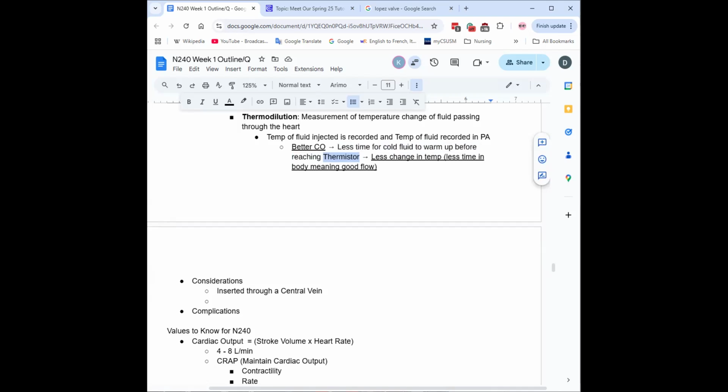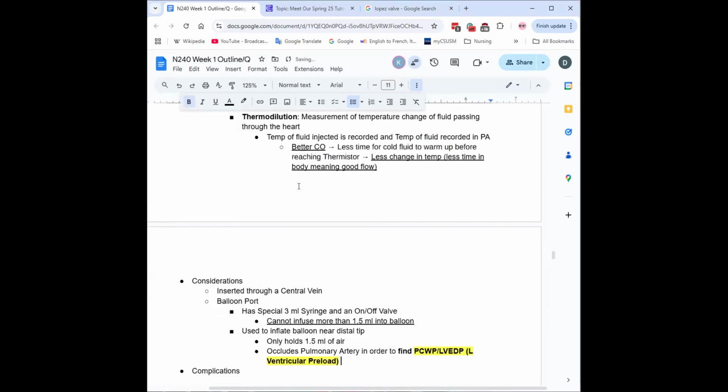You can place medications through it. It has a balloon port. In the video he talks about the different ports, but it's unnecessary to know it that deep.